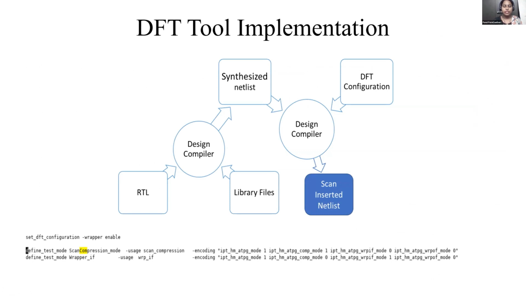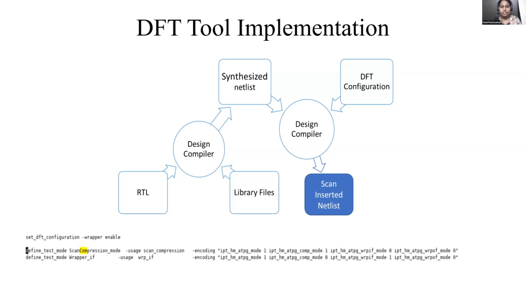A netlist is just your design with some library specification, at gate level, converting your RTL, this behavioral model, into a gate-level model. In that, we consider libraries: which technology to use, what the AND or OR gates are, what the fan-in and fan-out will be. Everything is in the library files. So using RTL and the library file, Design Compiler provides us an optimized synthesized netlist.